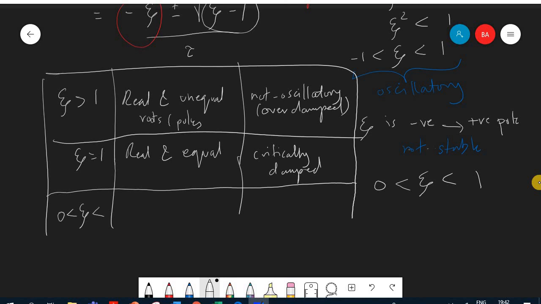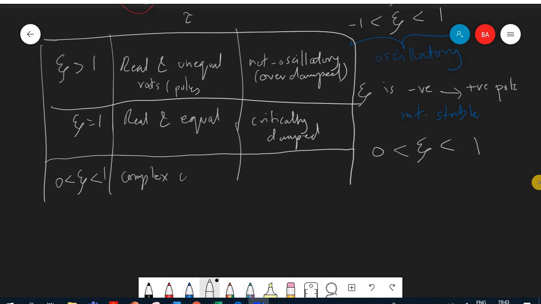And between 0 and 1, what do we have? Between 0 and 1, we are going to have complex roots, or complex conjugates. And having these complex conjugates, I'm going to have a sine and a cosine wave, which means that it's going to be oscillatory, and the term that we use here is underdamped.